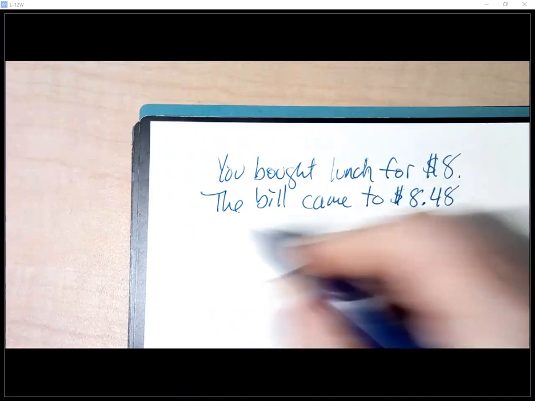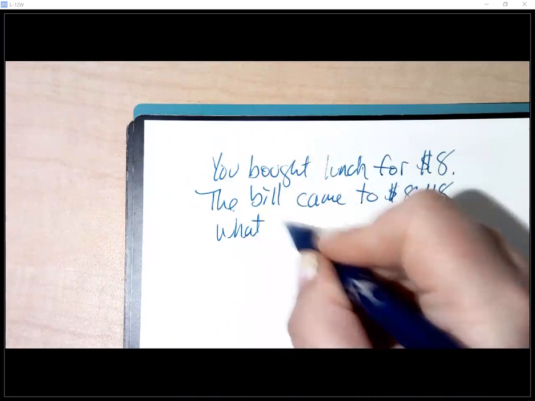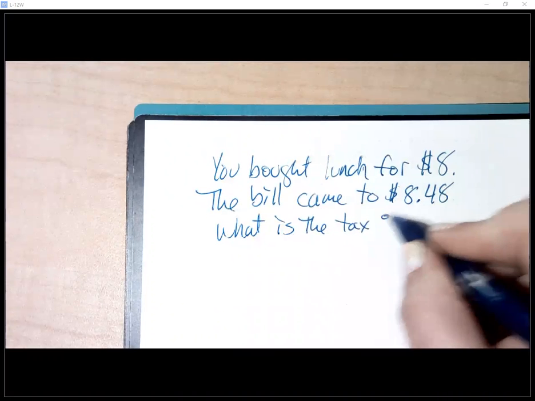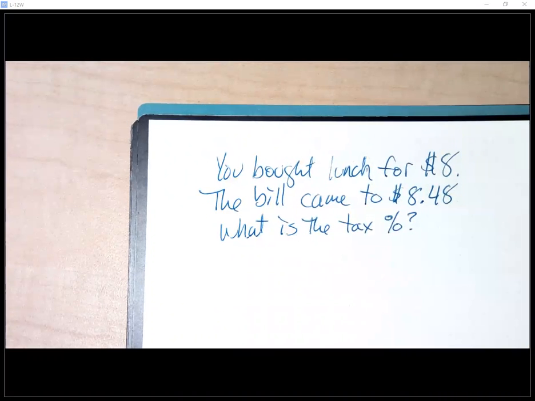What is the tax percent? So you buy a meal for $8 or whatever, a sandwich or something, and then you cash out, your total ends up being $8.48. My question to you is, what must the tax percent have been?